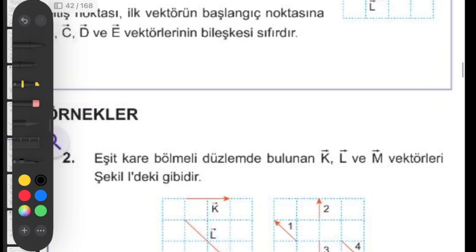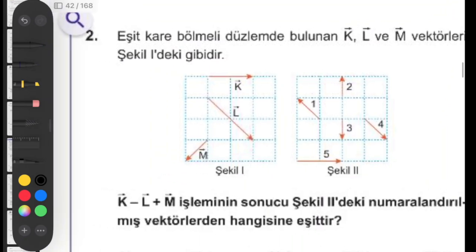Okay, let's solve a question. We have K minus L plus M. K is the same, but we need to multiply L by negative.